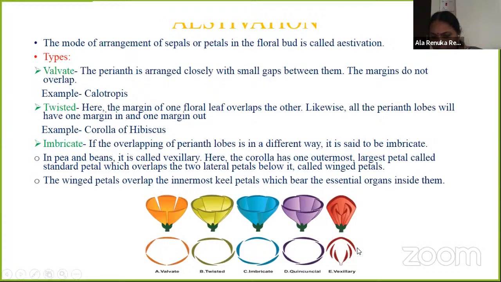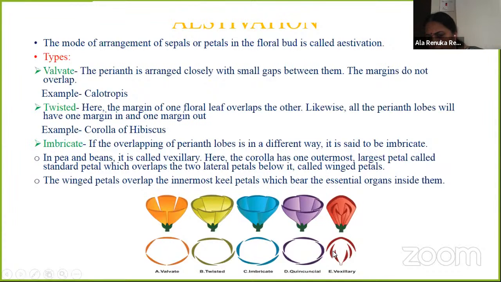The posterior-most petal overlaps everything, and overlaps the two lateral petals. These lateral petals are called wing petals. These lateral petals in turn overlap the innermost petals, which are fused to form the keel petals. They are the innermost petals, called keel petals. Here, this is the standard petal, which is free, and overlaps two lateral petals.